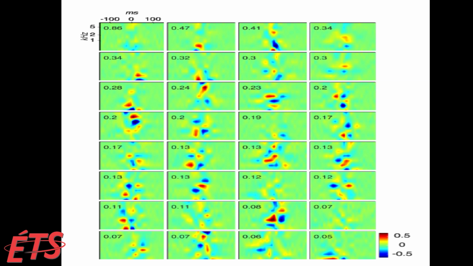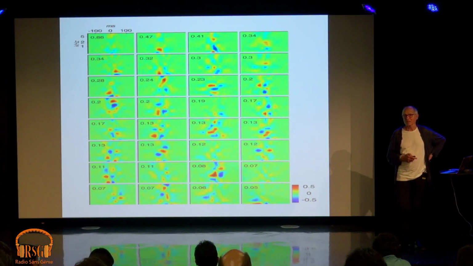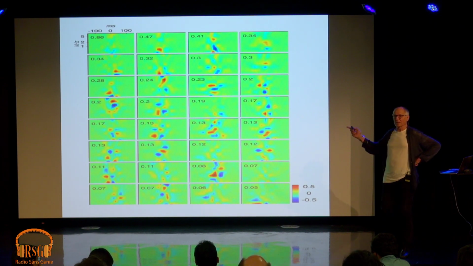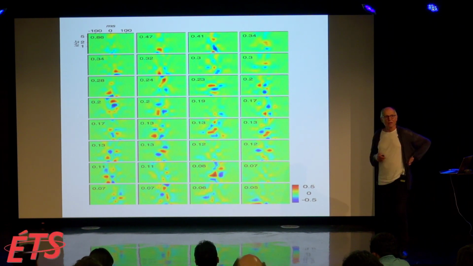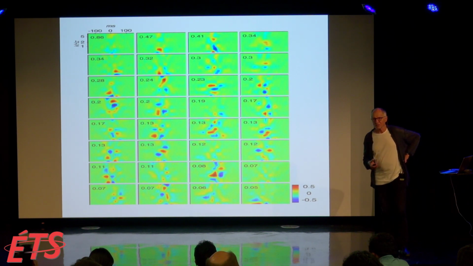Different projections are enhancing different frequency ranges: low frequencies, mid frequencies, high frequencies, and also the different rates of modulation in time and in frequency. So essentially, this technique is telling us that you should take a reasonably long segment of the signal.